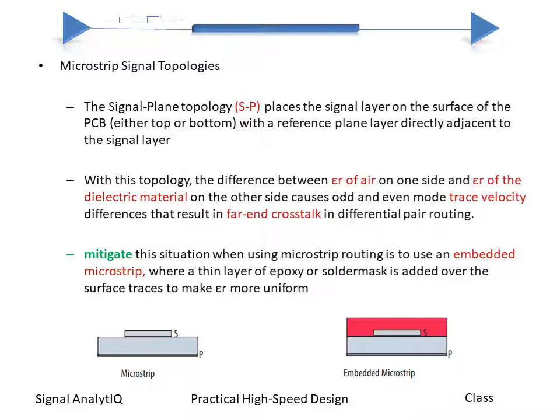For example, suppose you have a plane-signal-plane topology. That would result in more efficient layer usage, but care must be taken to manage the adjacent layer coupling. This coupling is usually reduced in the stack-up design by increasing the adjacent signal-to-signal separation compared to the signal-to-plane separation.